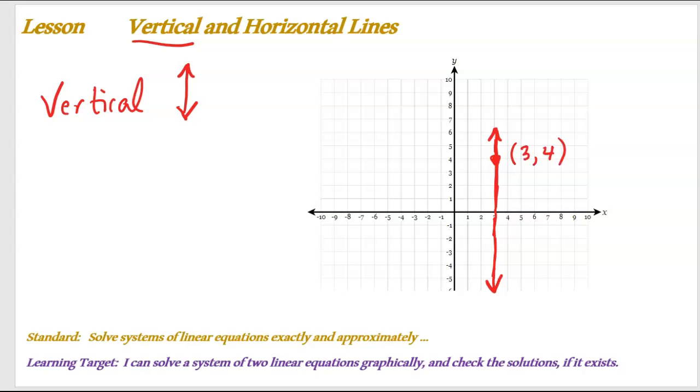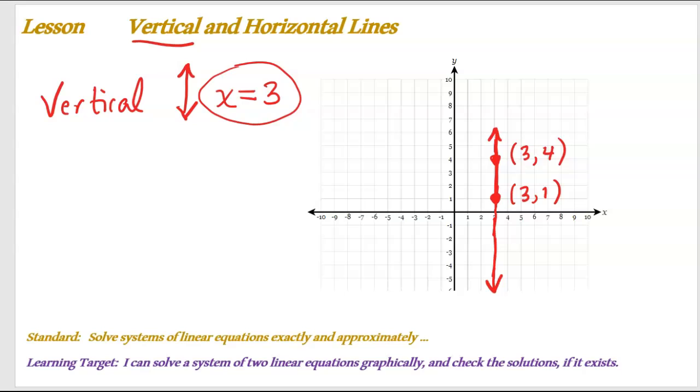I want you to know that a line is just a lot of points. Let's look at a second point. This point is on the line, 3 and 1. Now you notice the x value is the same. So the equation for this vertical line is x equals 3. A vertical line always has an equation, x equals a number, always.